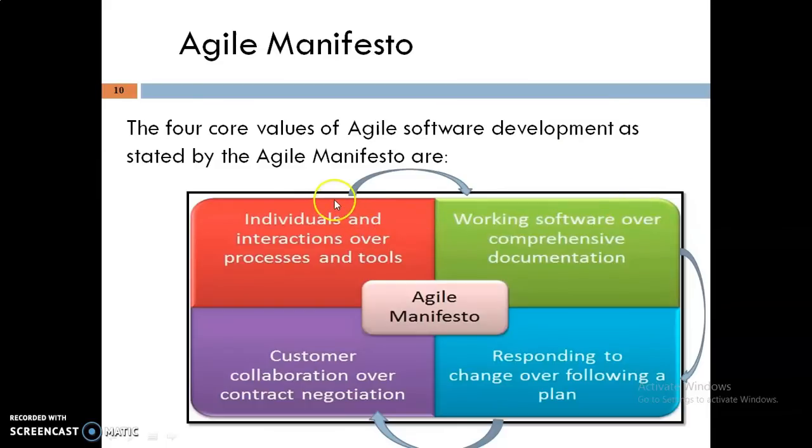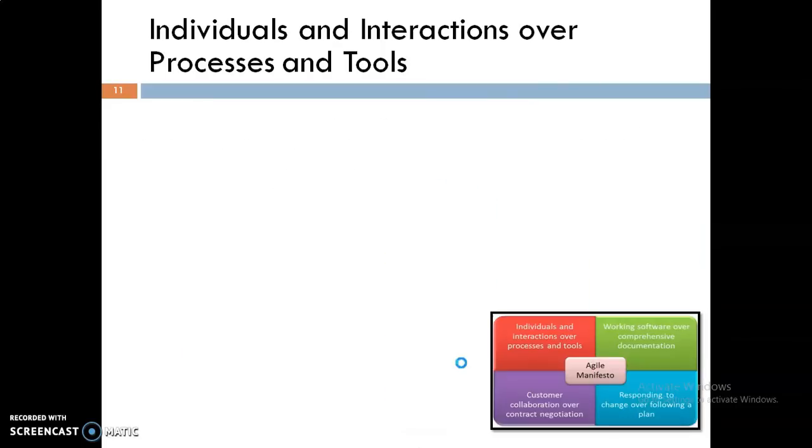The 4 values are: individuals and interactions over processes and tools, working software over comprehensive documentation, responding to change over following a plan, and customer collaboration over contract negotiation.